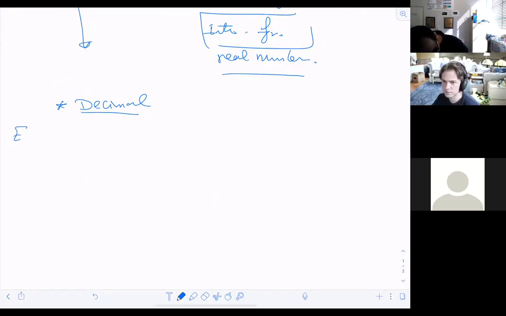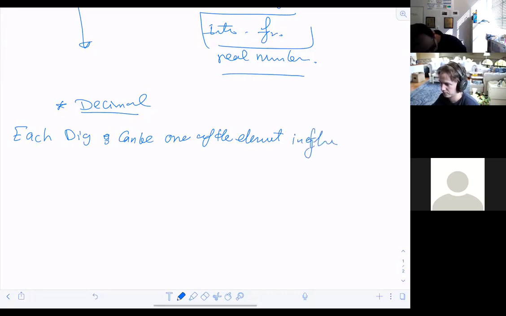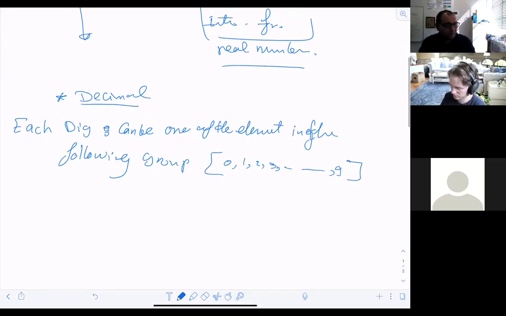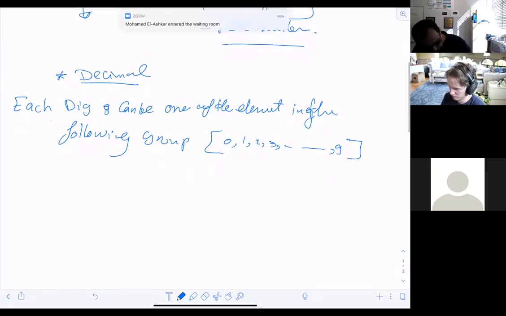So each digit can be one of the elements in the following group. When we say group, we have the numbers 0, 1, 2, 3, up to 9. So from 0 to 9, how many numbers do we have? We have 10, right? That's why 10.